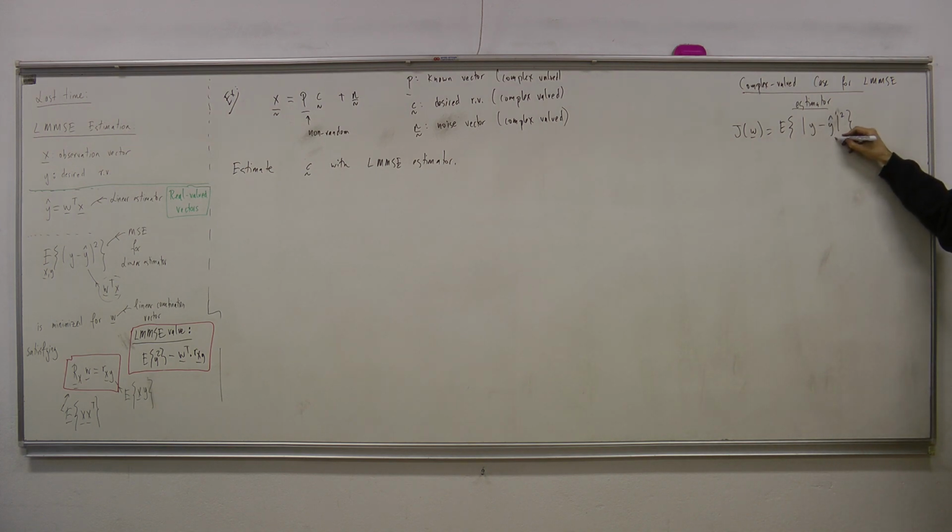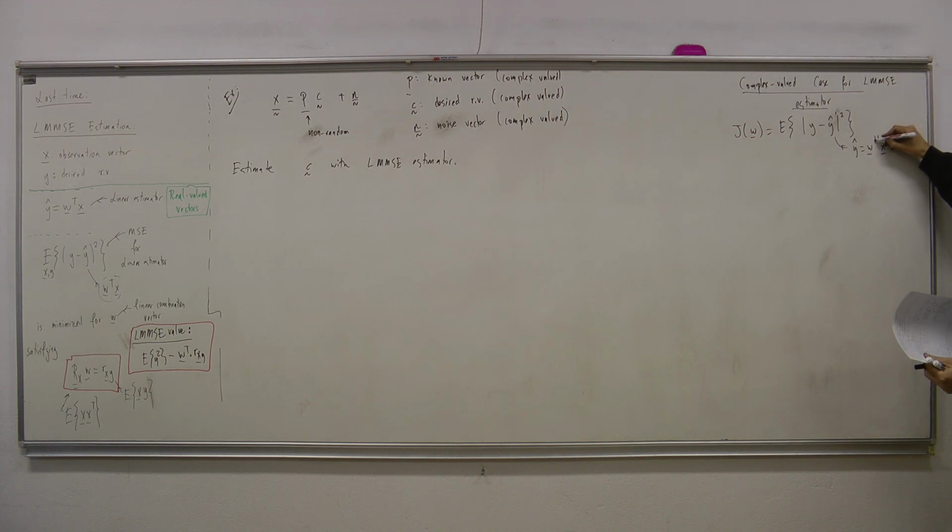This y hat is the weights times x. X is the observation vector, like over there. So y is the desired quantity, and this is the estimator. But please be careful: now I have the Hermitian of the weights, W Hermitian.